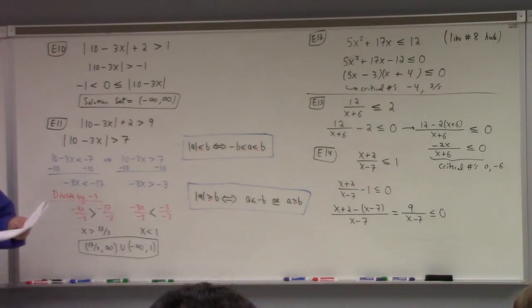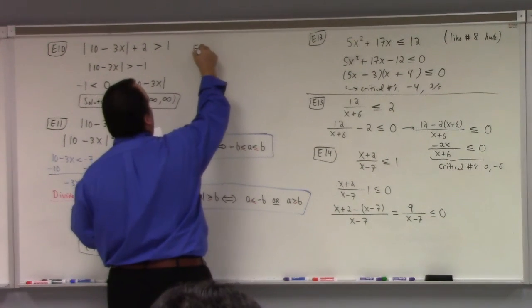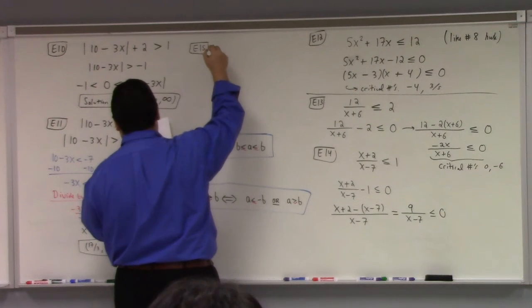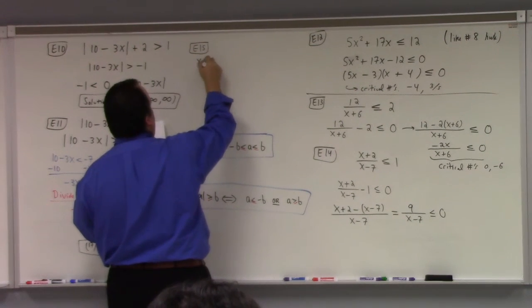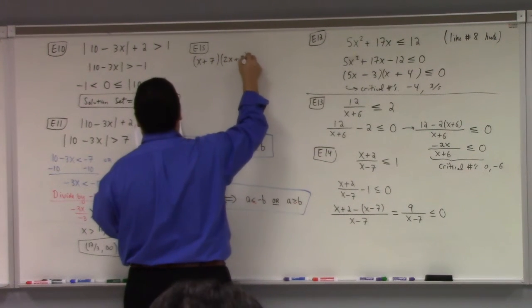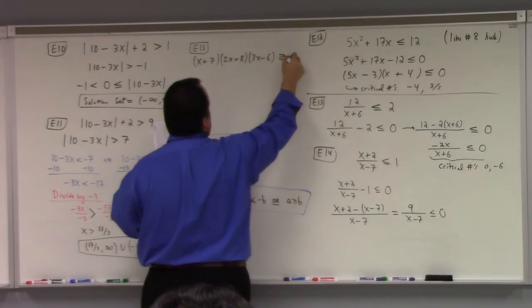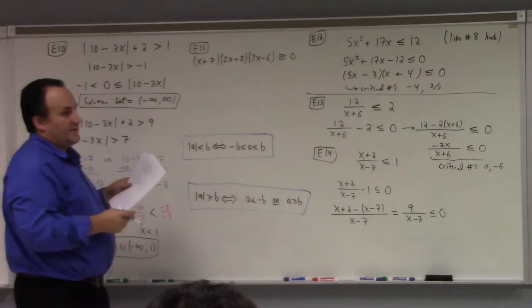Here's one last problem here. Number 15. If you got x plus 7, 2x plus 8, 3x minus 6 greater than or equal to 0. What are the critical numbers for this one?